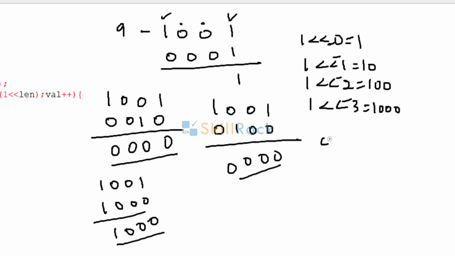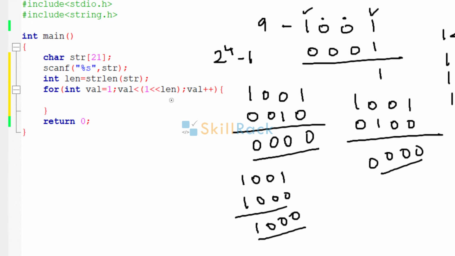You should left shift from 0 till the length, whatever the length is there. Because here the length of the value can go up to 15. You have 4 bits. So 15 is nothing but 2 power 4 minus 1, right? So 0 till len minus 1 you have to go. That many times you have to left shift and check. So here it is len, so it has to go till len minus 1.